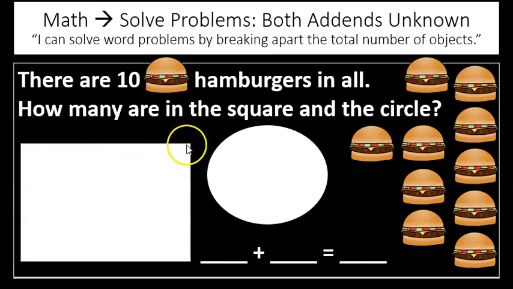Once you're done with that, I want you to draw a square and you're going to draw a circle and make sure you put your addition equation on there also. Now, you're going to have to read your statement here and you're going to have to read the question on what it's telling you and asking you, okay? And I also want you to draw what these are in your two objects. You're going to have to give me 2 addends and the total here, okay?